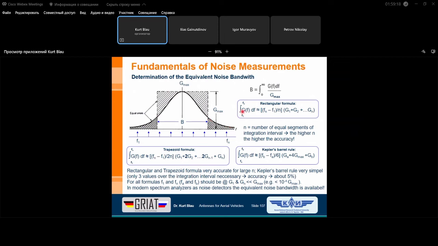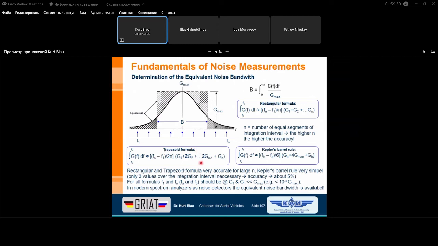One integration possibility is this denominator, shown here. It's nothing else: at a single frequency the G's are added here, divided by n, the number of discrete values. This integration can follow the so-called rectangular rule, or we can use the trapezoid rule.